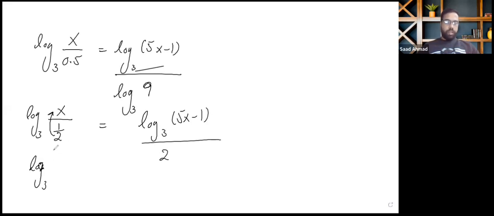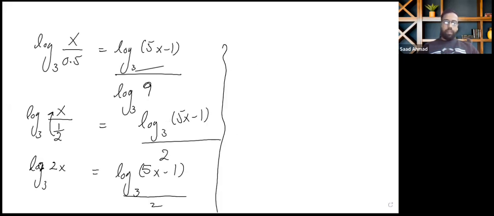So log, and then x, this 2 will go up in the fraction. So it will be 2x equals to log 3 and then 5x minus 1 over 2. Oh, sorry, this 2 is over the whole thing. Then we cross multiply this 2 on the other side.